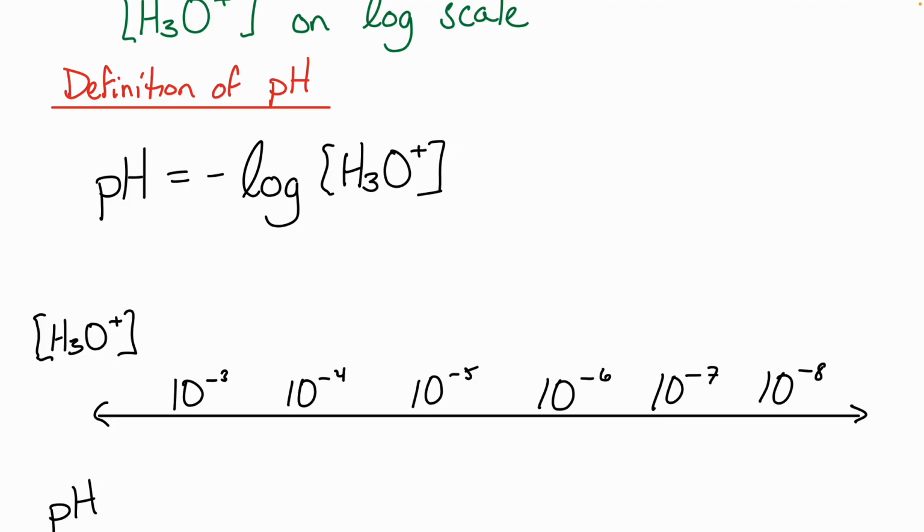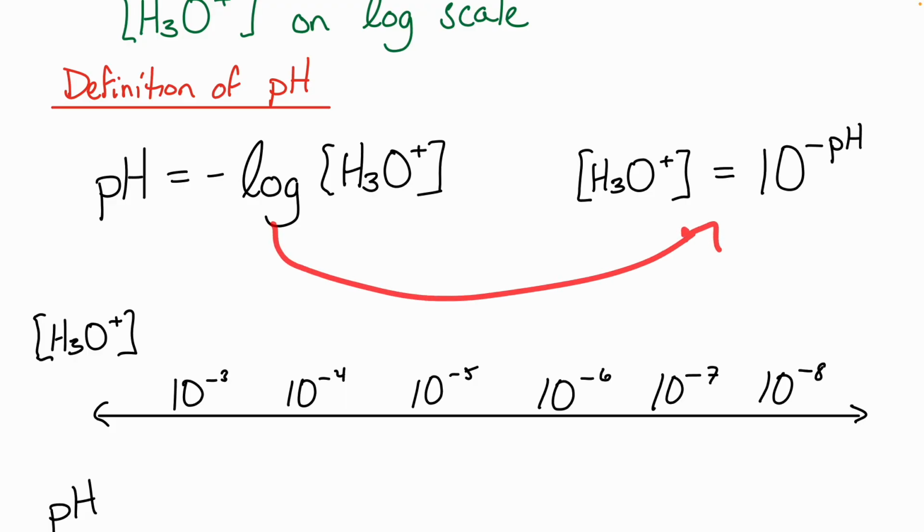Since logs suck, let's put it down here. The inverse would be 10 to the negative pH, which gives me my hydronium ion concentration. If you remember your logarithm algebra, these are inverses of one another.